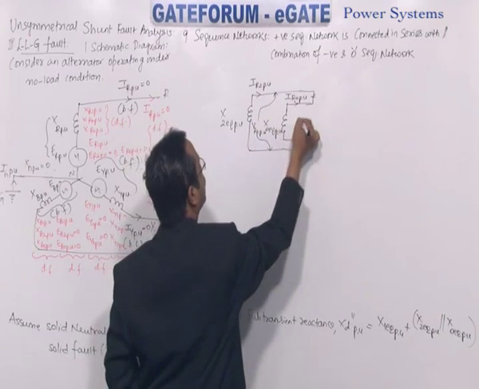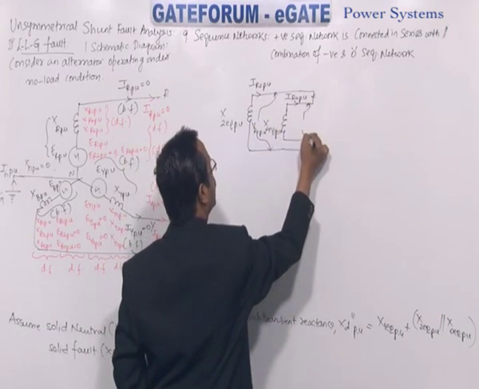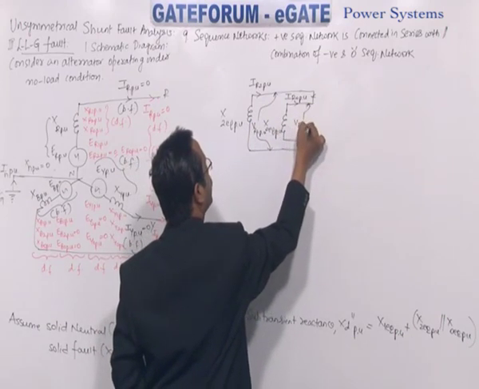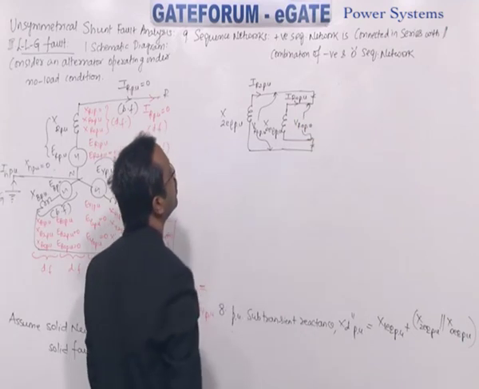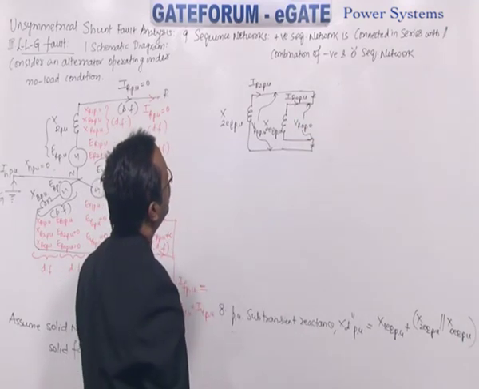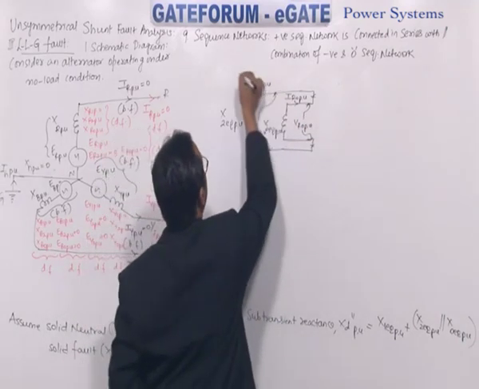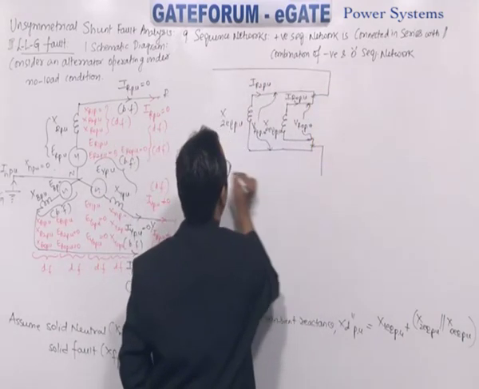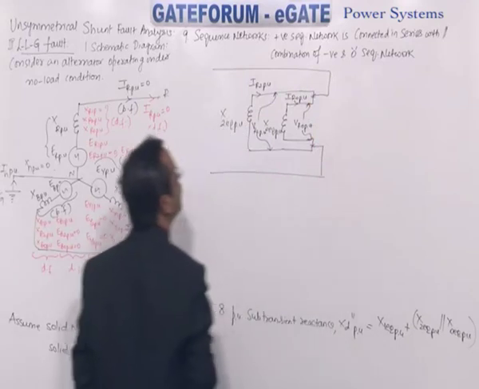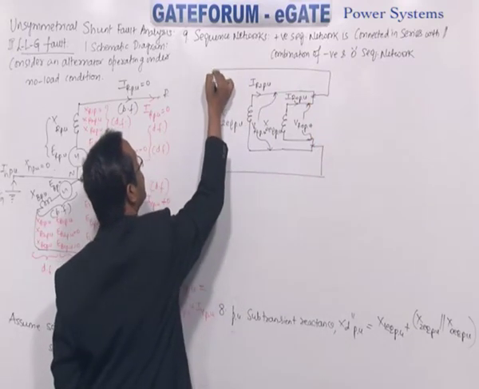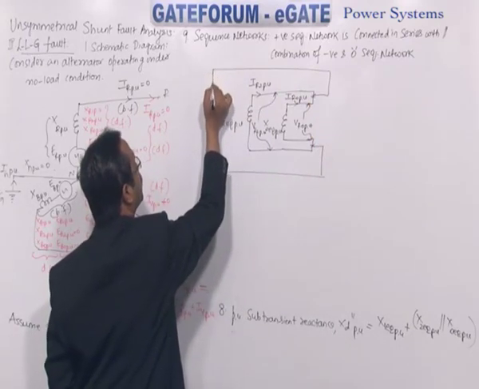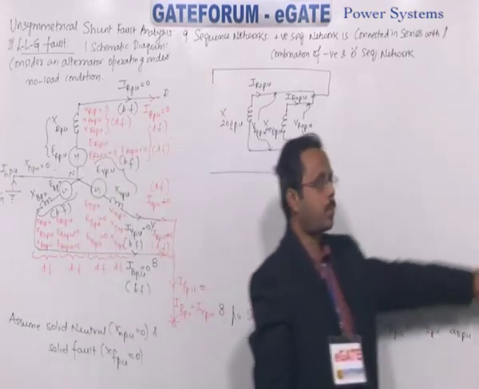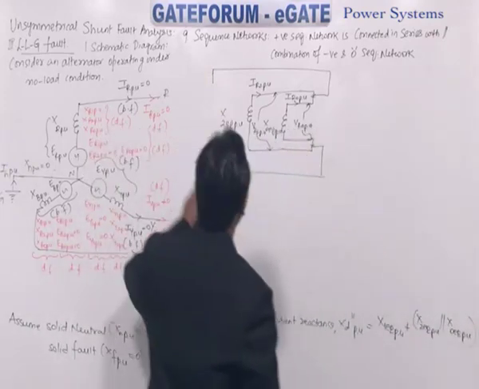VR2 per unit, VR0 per unit. Further, how are both connected now? In series with the positive sequence network.